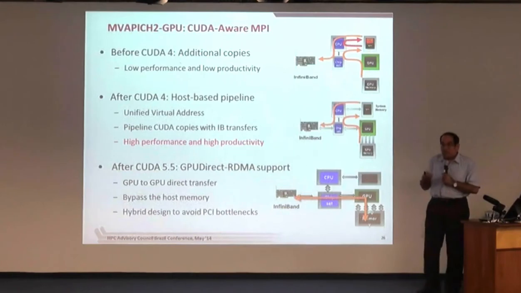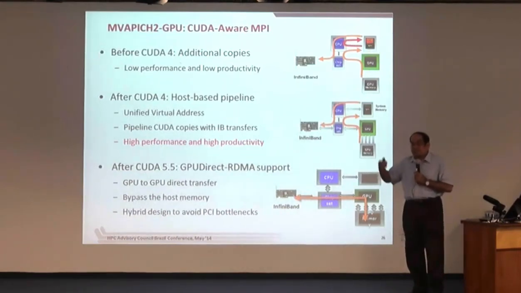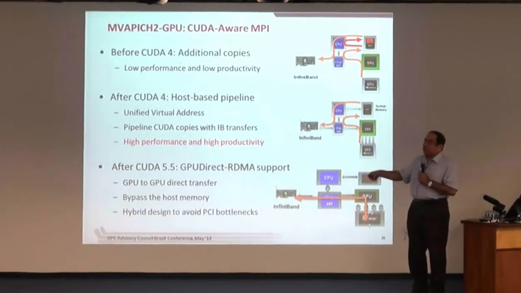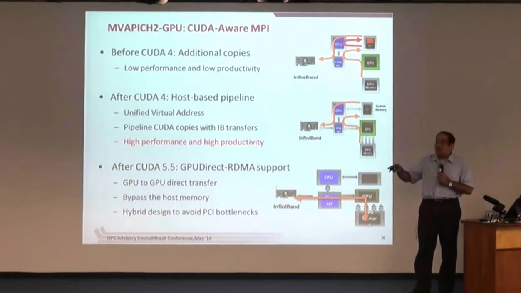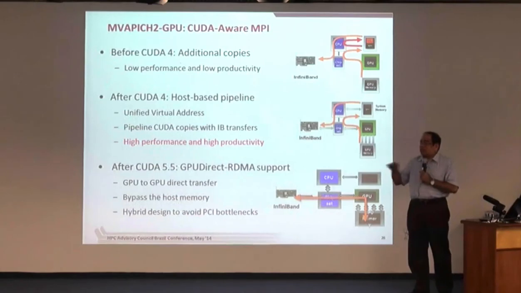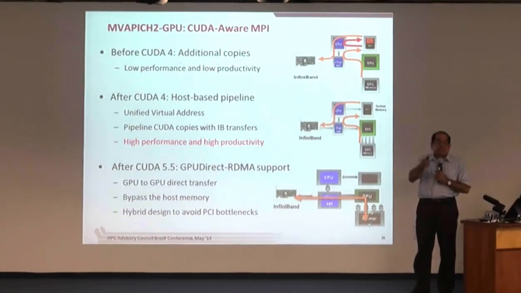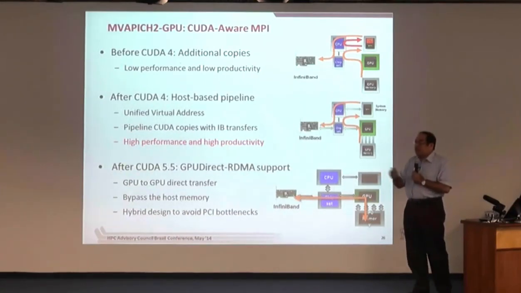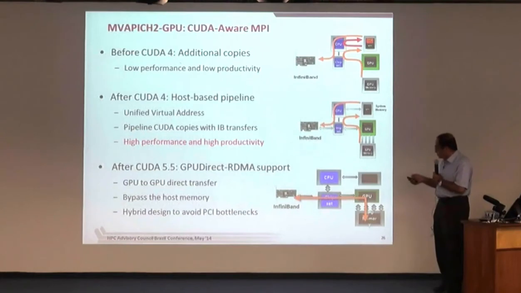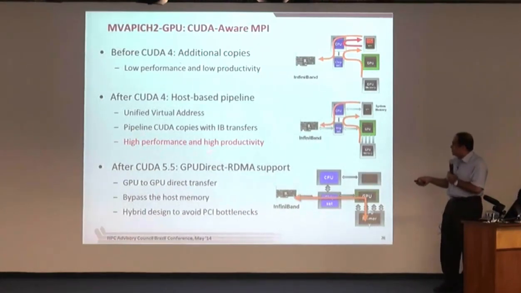Earlier people used to do CUDA copy, then MPI send, the other side MPI receive, and then CUDA copy. We took all these CUDA calls within the MPI stack, so we made it CUDA-aware so that the end user doesn't have to touch even CUDA. Everything happens within MPI, and just like you do MPI send and receive from host memory, you can do it from GPU memory, and the library does everything else. So that led to high performance and high productivity.